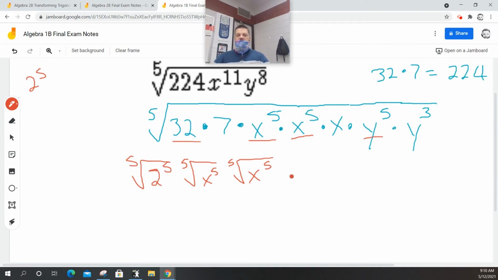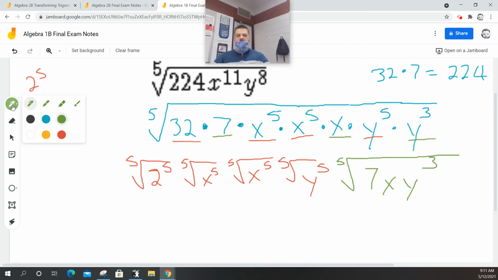And then I got another one here, the 5th root of y to the 5th times the 5th root of the stuff that I have left over. Let me do that in green. That would be 7, right? 1x and y to the 3rd.